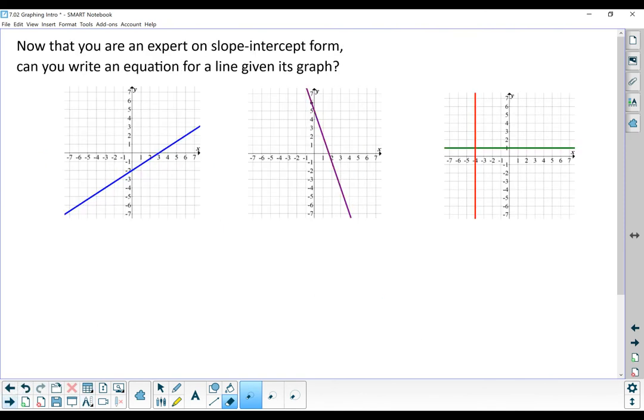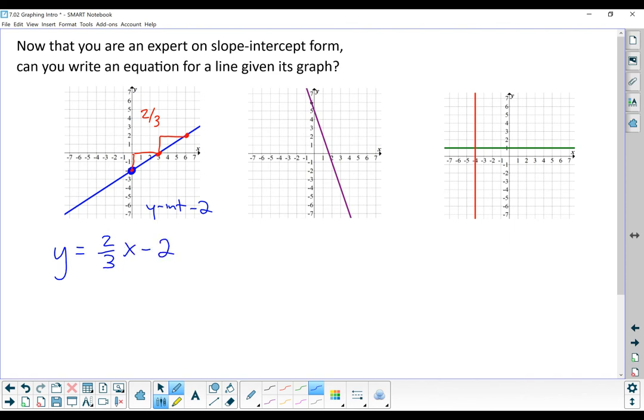So now that we are experts on slope-intercept form, let's try to write these equations. Our y-intercept is -2 on this one, and our slope is up 2/3. So our equation would be y equals 2/3 x minus 2.